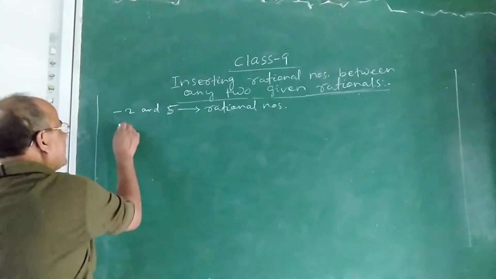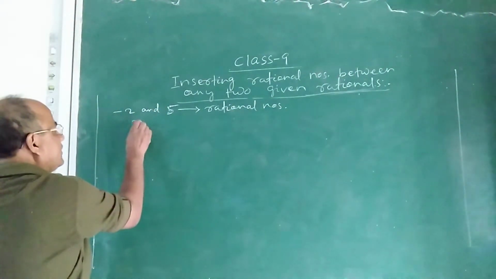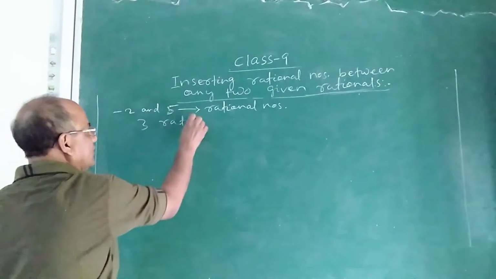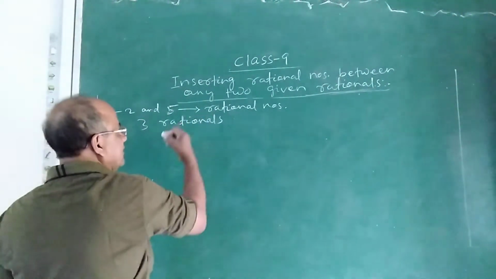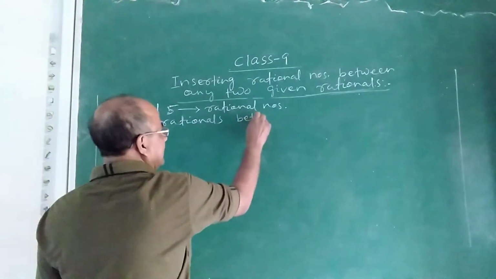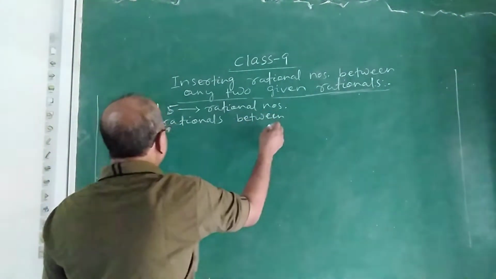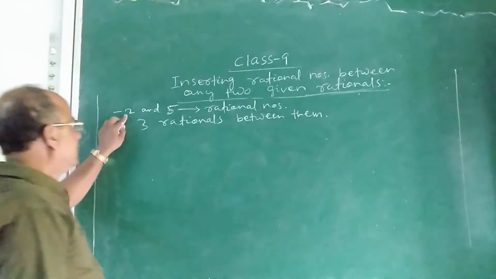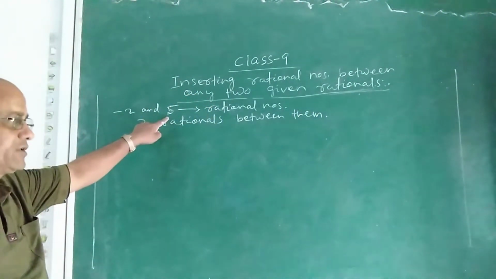And between these two rational numbers, suppose you want to insert three rational numbers between them. Suppose we want to find three rationals between -2 and 5. This is a negative rational number, this is a positive rational number.